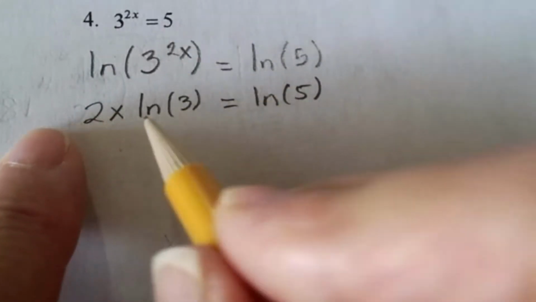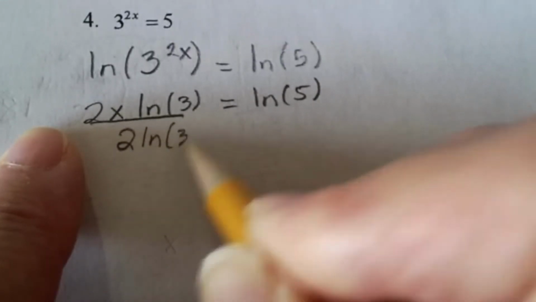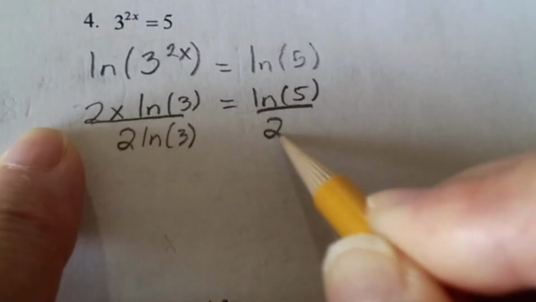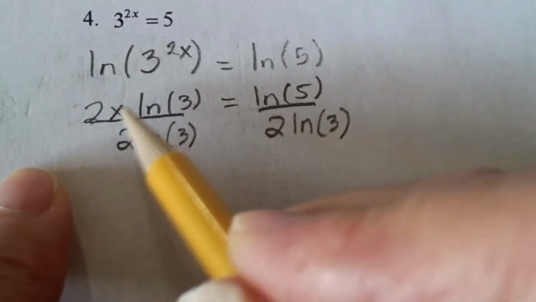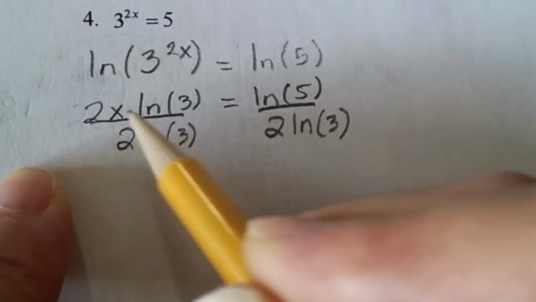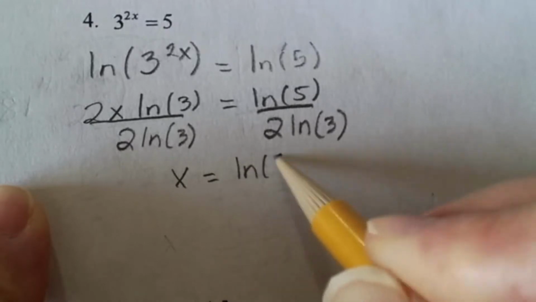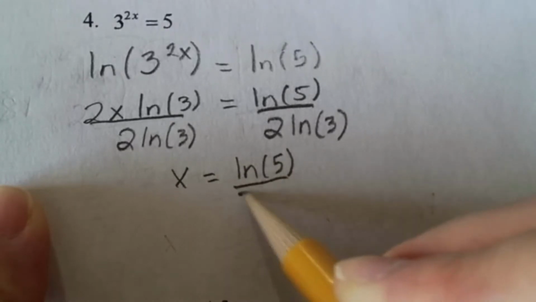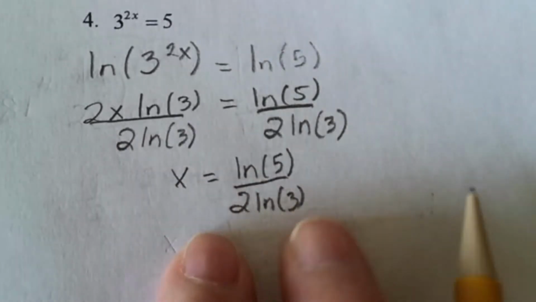We're going to divide both sides by 2 times the natural log of 3. And so then notice how on the left-hand side, the 2's reduce and the natural logs of 3 reduce, and you're left with the x. So this is your exact answer. So when they ask for x in exact answer, that's this guy.